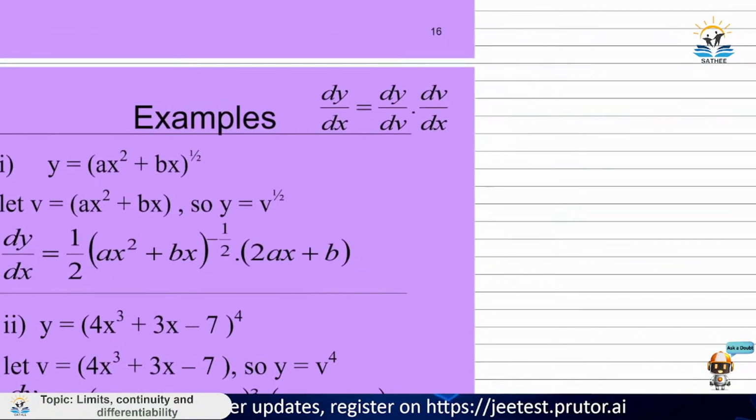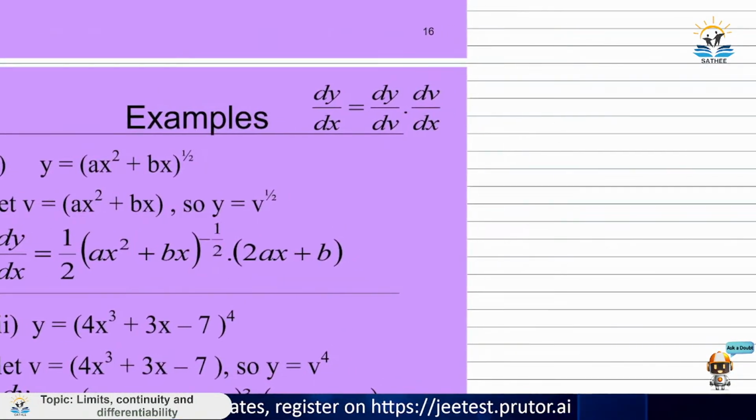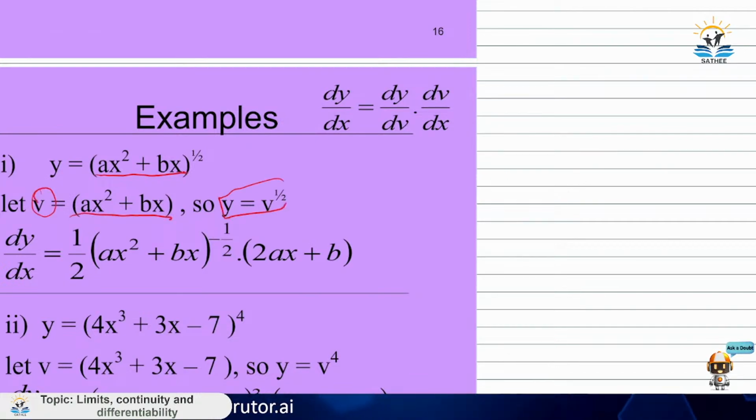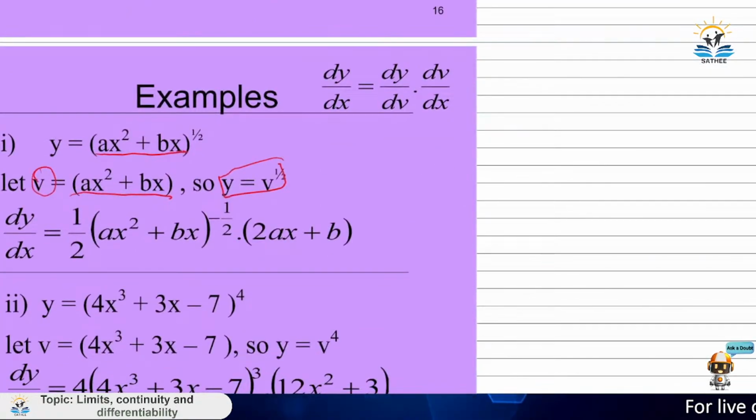For example, if you can see the example here, I don't think I'll have to write it out. If this is the function that is given to us, let's take v as equal to this. So what are we left with? This. It is very simple, following the theory that we did: v is a function of x, and y becomes a function of v. So let's derive y with respect to v first.